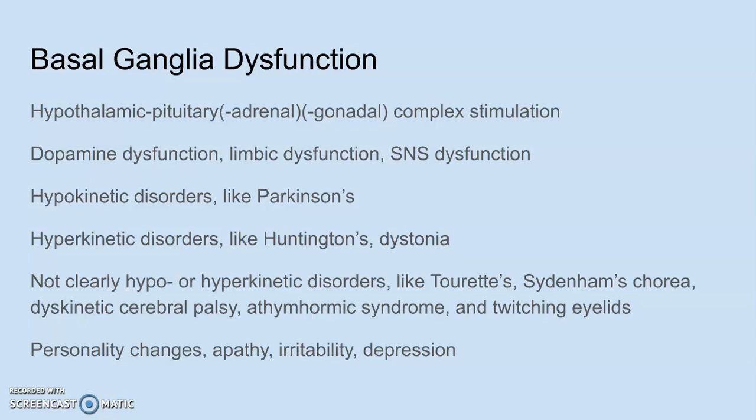You can experience some hypokinetic disorders similar to Parkinson's, or hyperkinetic disorders like Huntington's. This is where dystonia would fall, which is those uncontrollable muscle contractions. And then there is another subcategory of disorders that are not clearly hypo or hyperkinetic, like Tourette's or cerebral palsy or twitching eyelids, things like that. You will also likely expect personality changes, apathy, irritability, and depression.